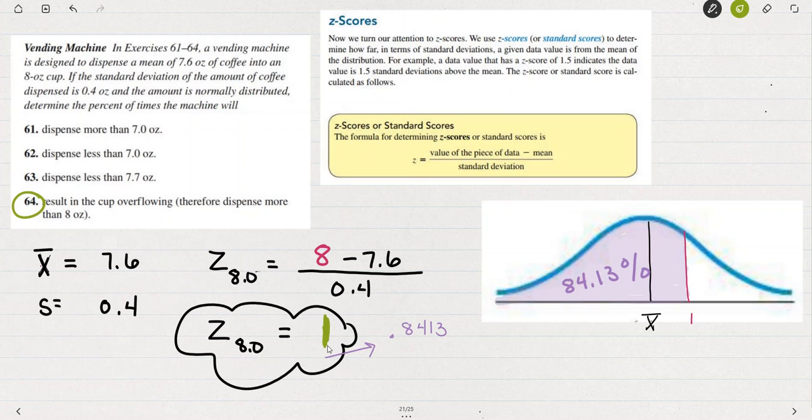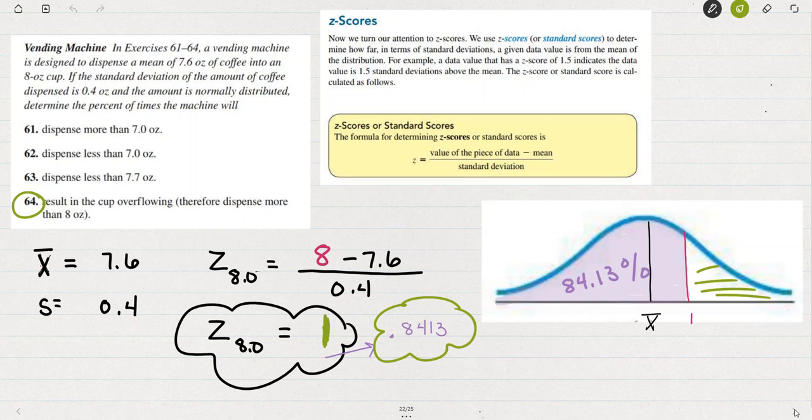When I look that up in the chart, I see that that's 0.8413, which is 84.13%. And what we're looking for is an overflowing cup, so we're really looking for this area to the right.